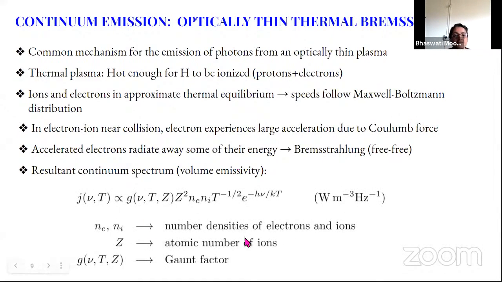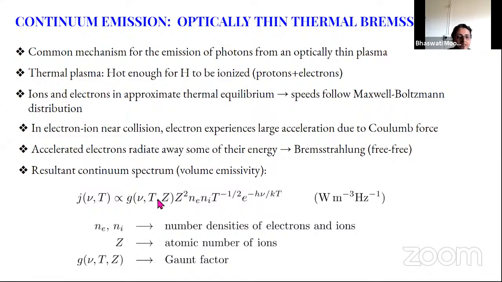This term can be written as, so there is a rigorous derivation, I won't have time to go through that, but this is what it depends on. It depends on Z squared, which is the atomic number of the ions. It depends on the number densities of electrons and ions, Ne and Ni, and it depends on the temperature to the power minus half, and also there is an exponential dependence, e to the power minus h nu by kT. There is an additional factor, which is the Gaunt factor.